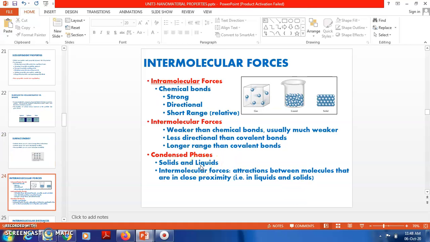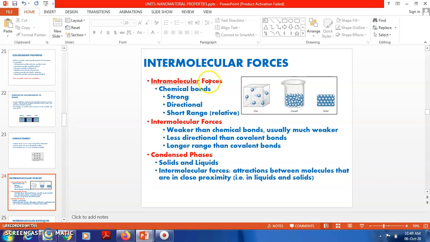Next, we are going to see the intermolecular forces. Before going to intermolecular forces, I am going to see the intramolecular forces also. Intramolecular forces have the following properties: it is a chemical bond, strong, directional and short range.